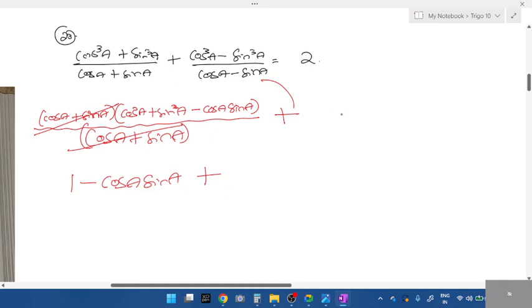So try this way. You get cos cube a minus sin cube a, which is (a minus b) into, everything is positive, a square plus b square plus a into b. So you get cos square a plus sin square a plus cos a sin a.